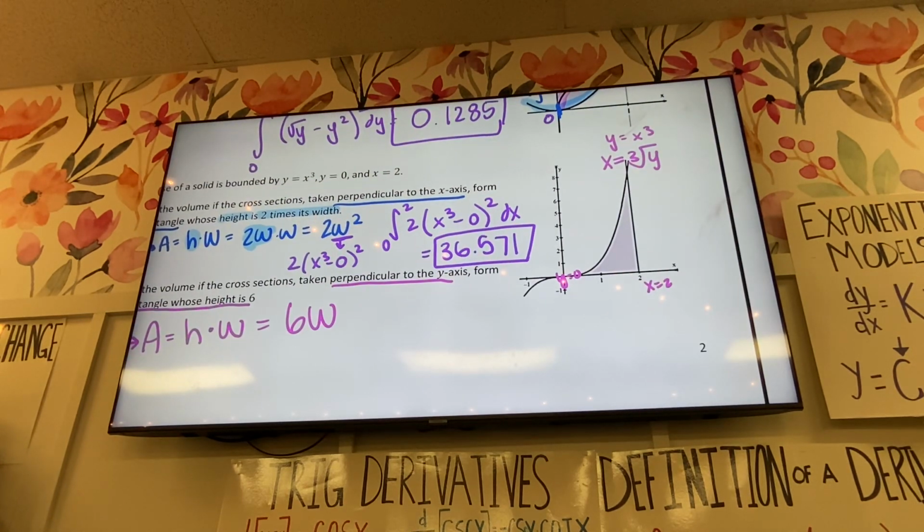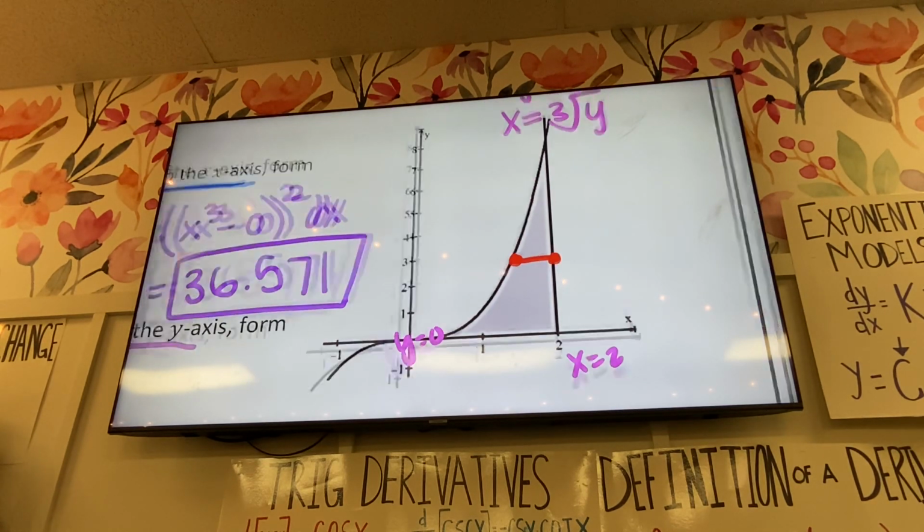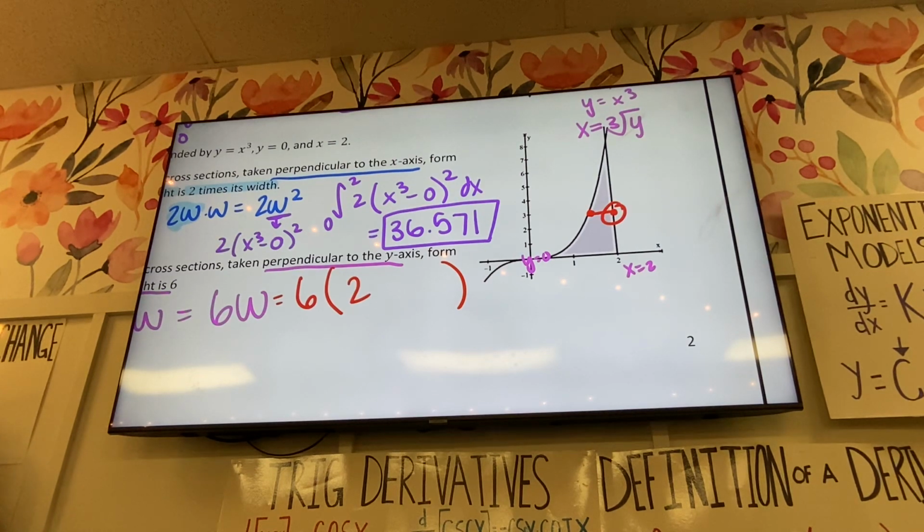So now for my line that I'm going to draw perpendicular to the y-axis, we're thinking right and left. The 6 is going to stay on the outside. What is the right function? 2. Your right dot is at 2. Where is your left dot at? Cube root of y. And so then this is my area function.